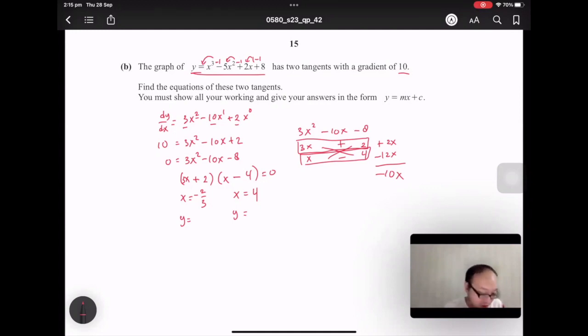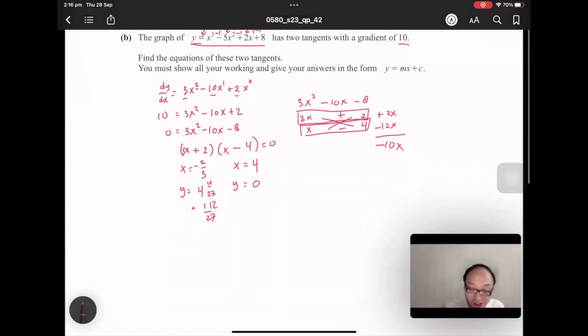So this one is 112 over 27. And for x equals 4, so 4 to the power of 3 minus 5 times 4 squared plus 2 times 4 plus 8. So 0. The coordinates are negative 2 over 3, 112 over 27, and 4, 0.